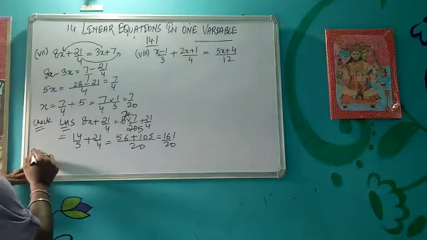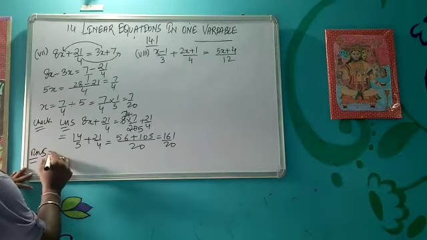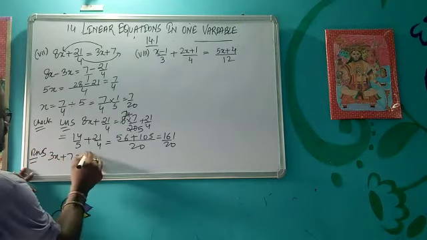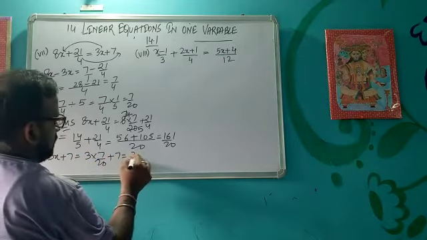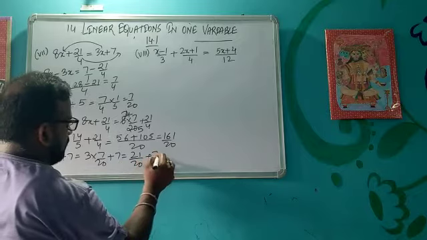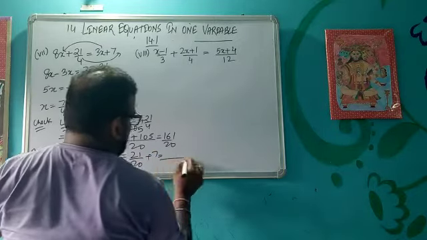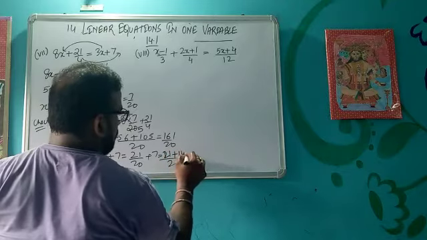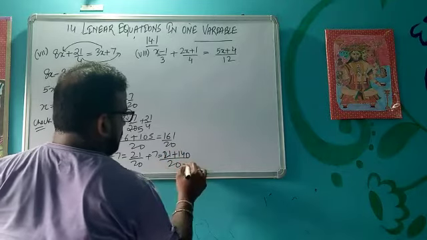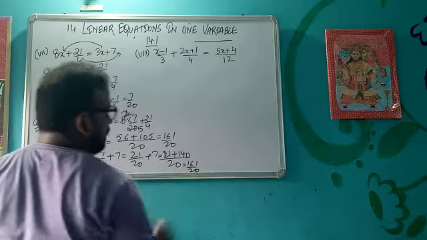Then let's take the RHS, 3x plus 7, that is 3 into 7 upon 20 plus 7, 21 upon 20 plus 7, that is what LCM we will take. So 21 plus 140, again our answer will be 161 upon 20.